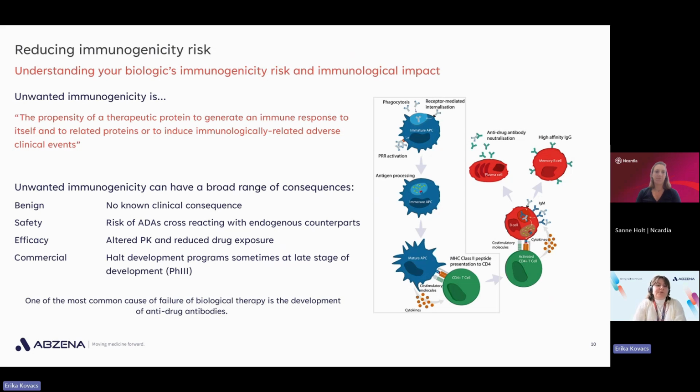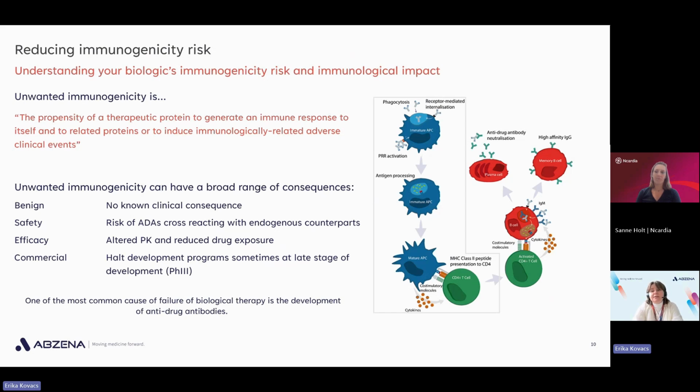And of course, both of these will have a commercial impact, and a lot of times they can halt development programs at late stages. In fact, one of the most common causes of failure in biologic therapy is the development of these ADAs. So what can we do early on to assess this risk?